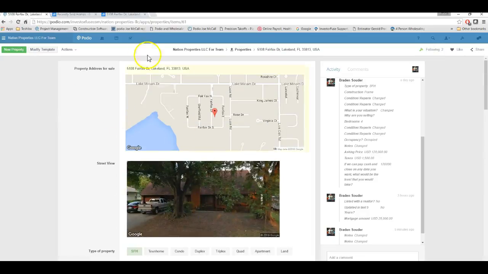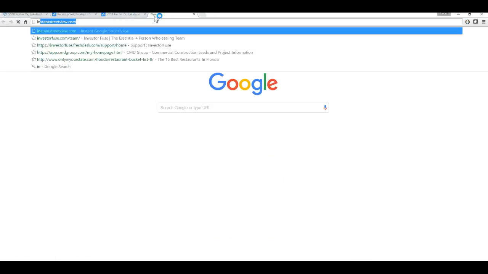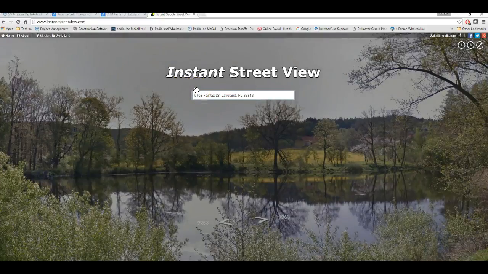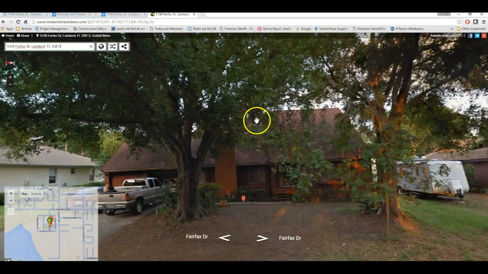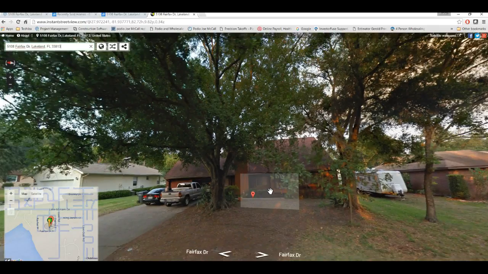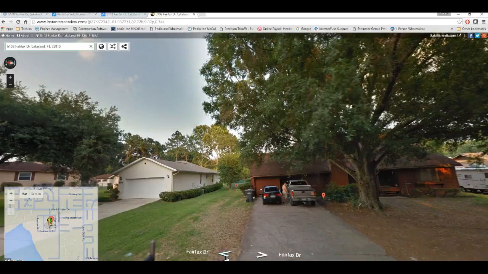There's a view of it right here, but let's look at a better picture on instantstreetview.com. You can paste it in there. Let's get a better look, how I zoom out here. Older house, fireplace, has brick. It's not bad looking. Looks like it's a 2-car garage, 2 separate ones.